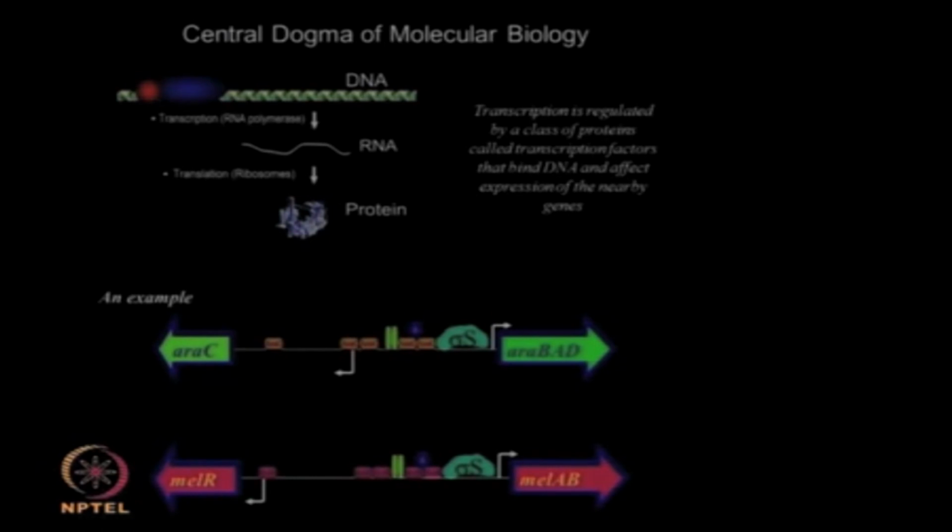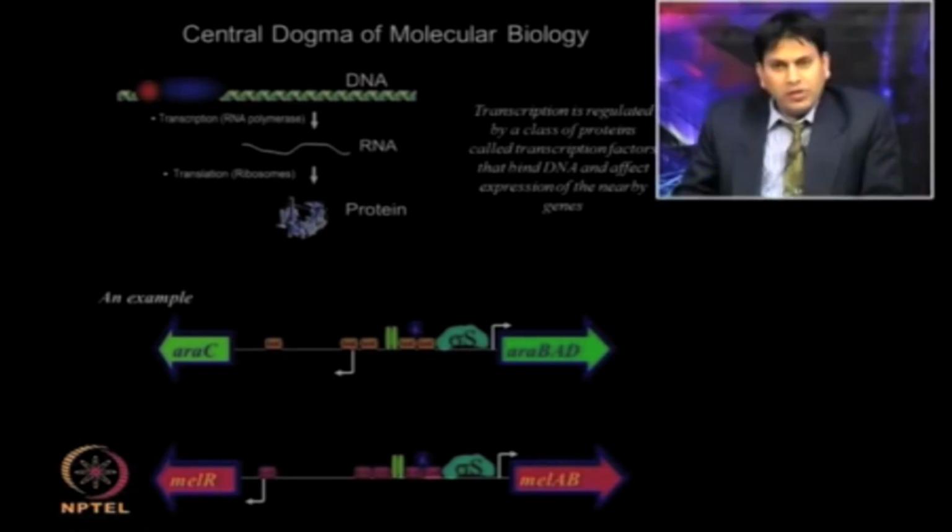And RNA can give rise to protein through the process of translation, with the help of the ribosomes. Now, in this process, some of the proteins which are produced can be classified as transcription factors which bind to the DNA, and some others are classified as RNA binding proteins which can bind to the RNA and control the expression at the post-transcription level, as opposed to at the transcription level where transcription factors bind to the DNA.